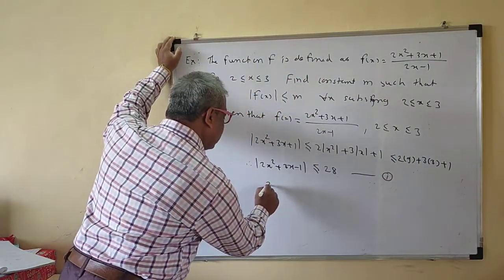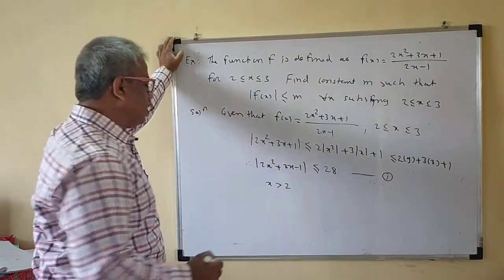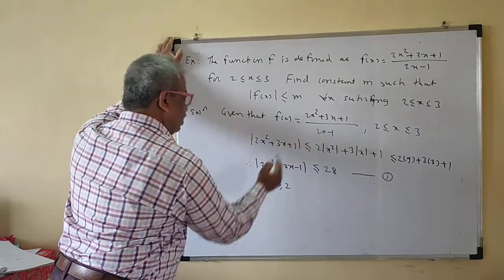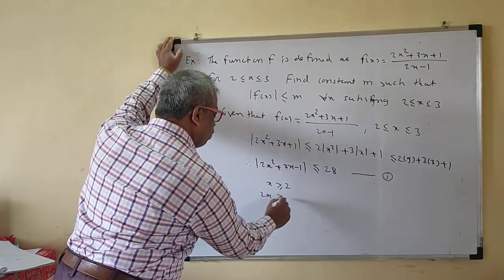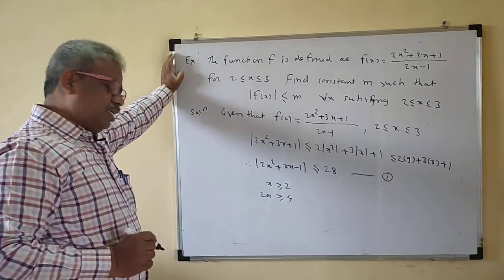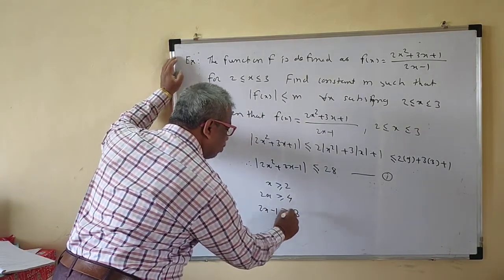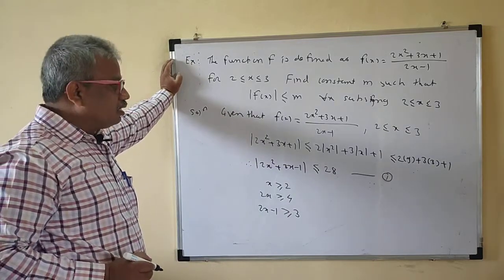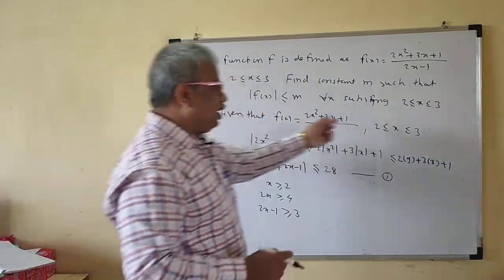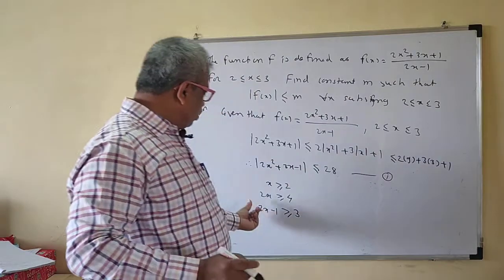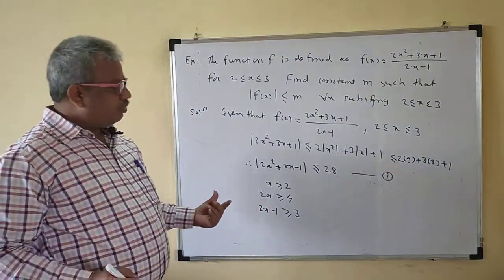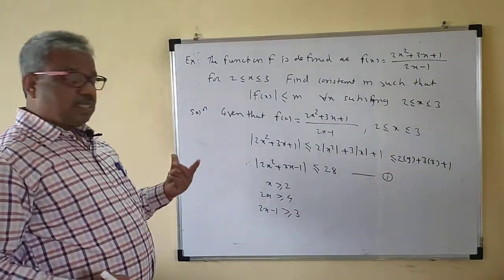Okay, so now your x is greater than or equal to 2. I will make this as twice x is greater than or equal to 4 now. So your twice x minus 1 is greater than or equal to 3. Okay, so in between 2 and 3, this is not 0.